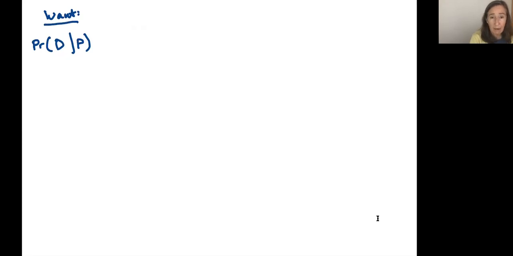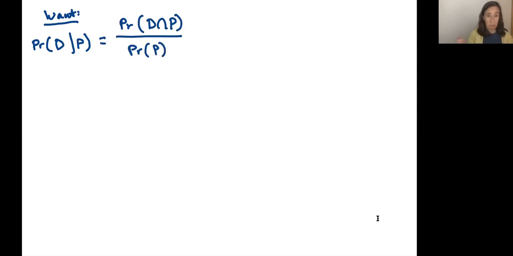So let's think about how we would get that, and let's think about the definition of conditional probability. That's where we usually start here. So that is the probability of D and P divided by the probability of P. Same definition as in the last set of lessons.